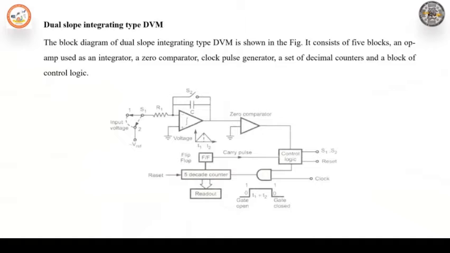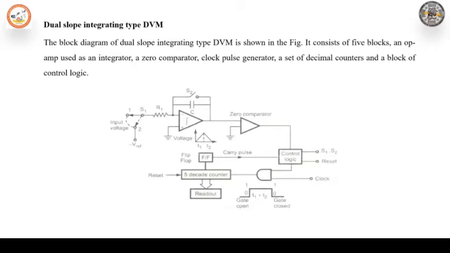In the ramp techniques, the noise can cause large errors, but in the dual slope method, the noise is averaged out by the positive and negative ramps using the process of integration.